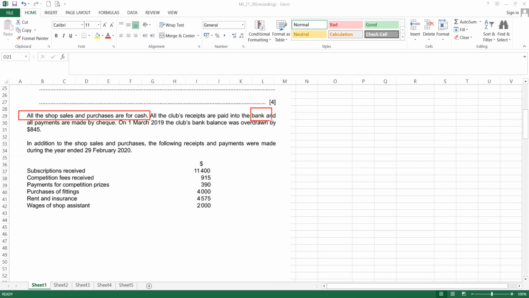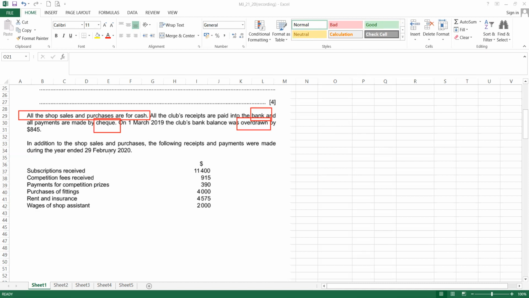That means receipts and payments all go through the bank account. Next, on 1st March 2019, the club bank balance was overdrawn. Overdrawn means overdraft. Bank overdraft is the balance brought down on the credit side, a liability.